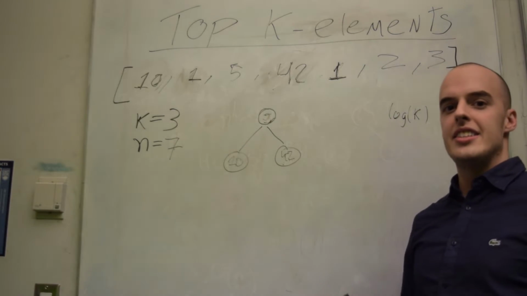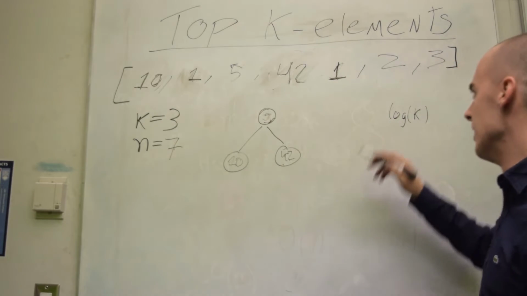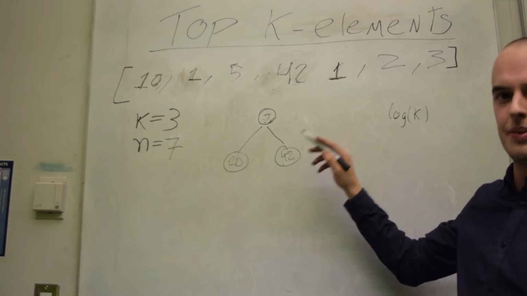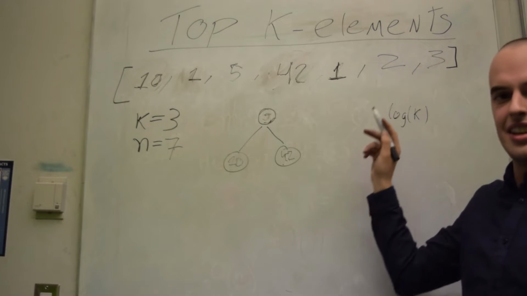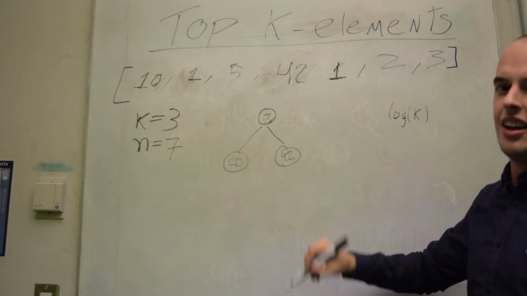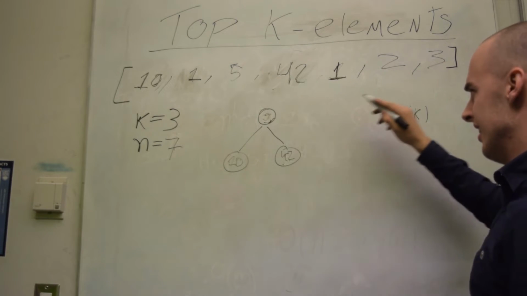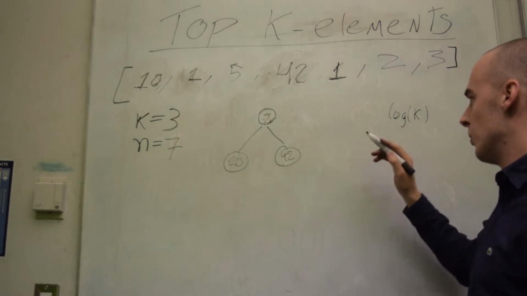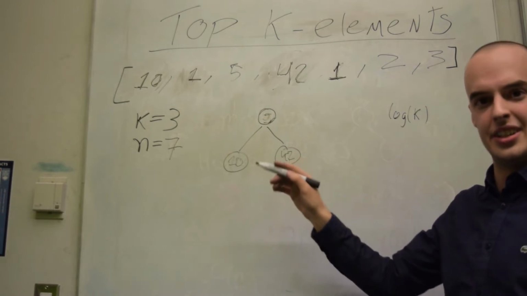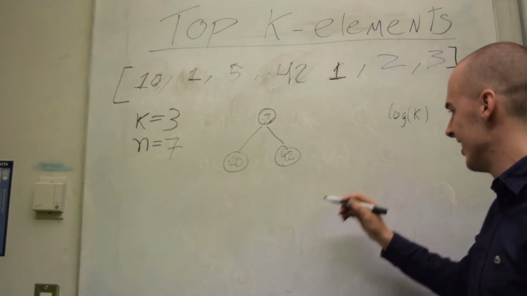Imagining that we had to replace an element every single time in our heap, if the top 3 elements were the last 3 elements of our array, sorted in ascending order, we would have to replace them every single time, as we're always finding something bigger than what we have so far.